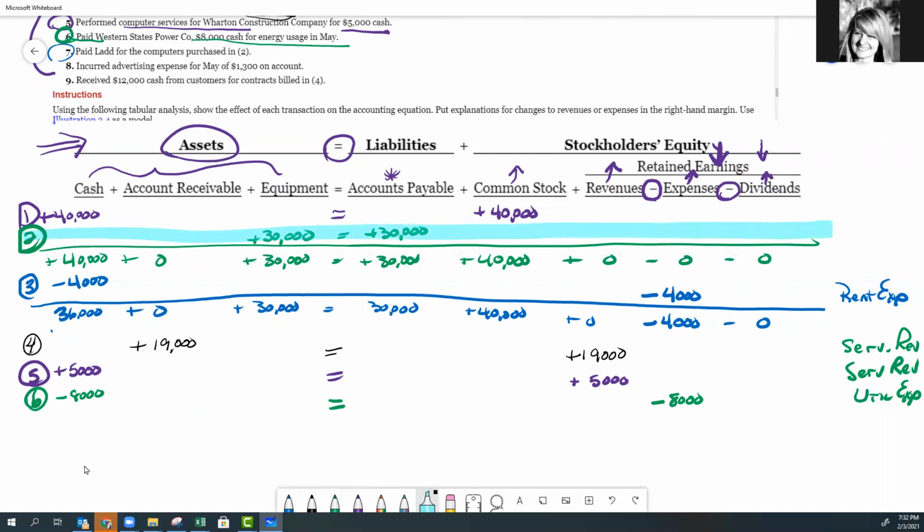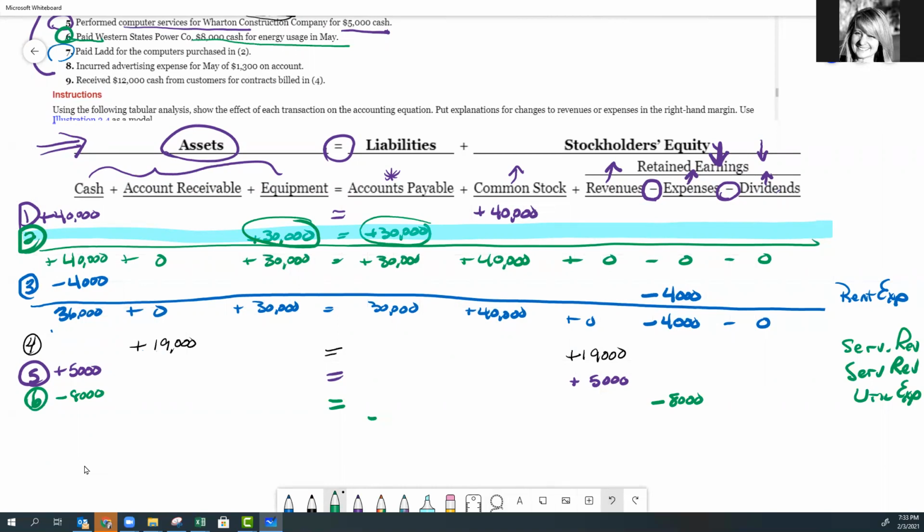So we had computers, our computers went up here. And then we had a liability that went up here. But now we have actually paid that liability. So that liability is going to go away. When we pay it, we don't have that liability anymore. So let's make that liability go away.